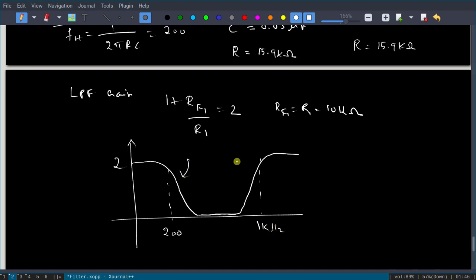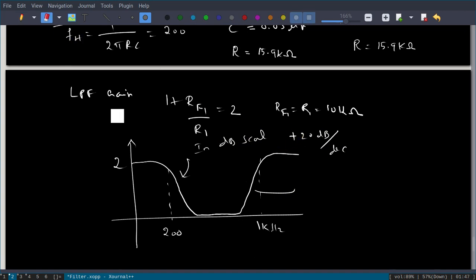The roll off, if you plot on a dB scale, will be minus 20 dB per decade for the low pass filter side, and plus 20 dB per decade for the high pass side. So that is how you design. Thank you.